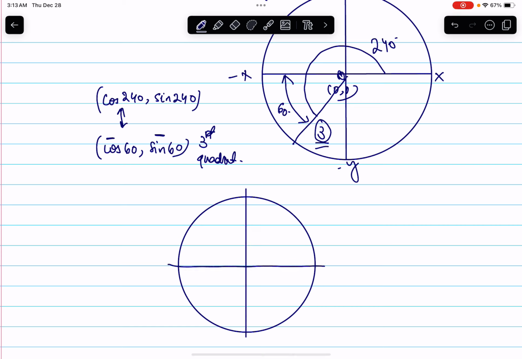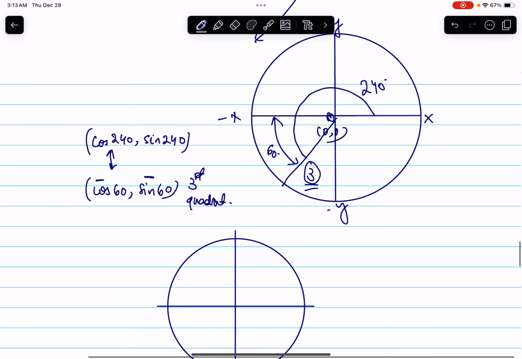You just have to visualize the things, right? So in this case, when you're in the third quadrant, you see that x and y are by default negative, which is why cosine of 240 and sine of 240 must be negative by default. Because in the third quadrant, sine of theta and cosine of theta correspond to the x and y values.